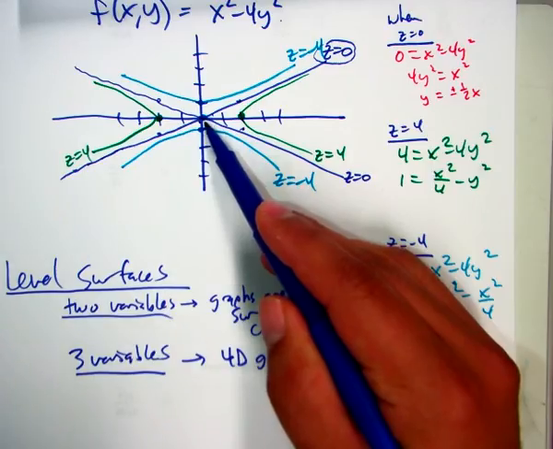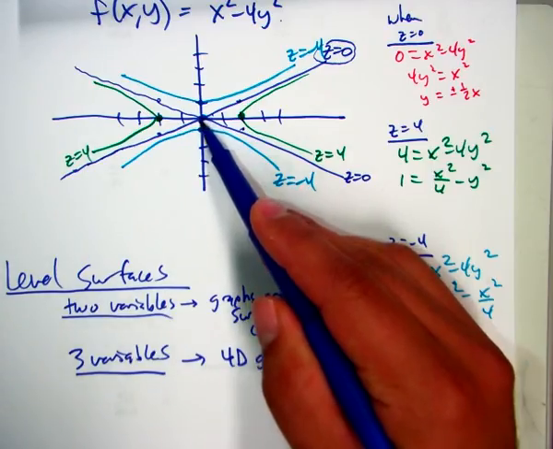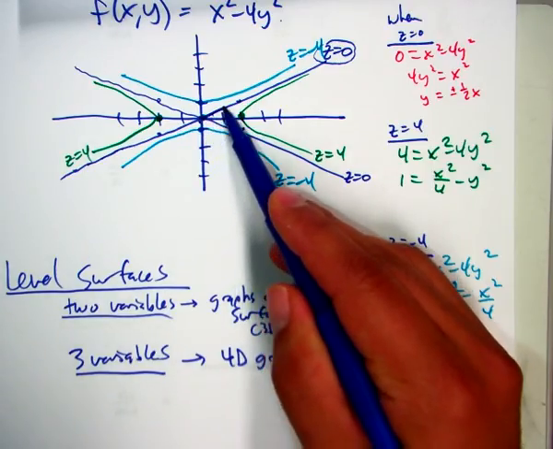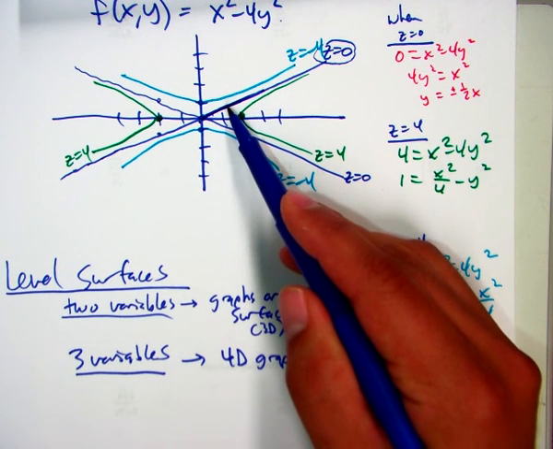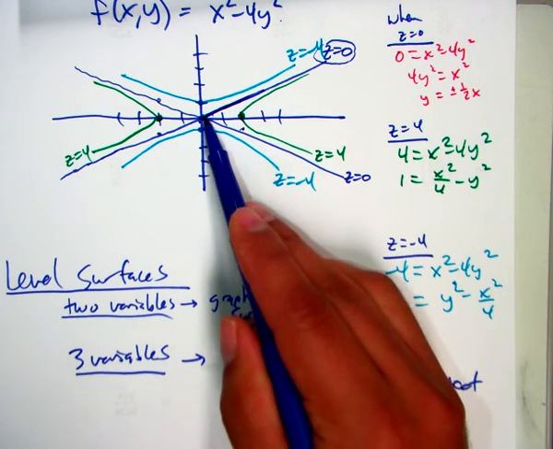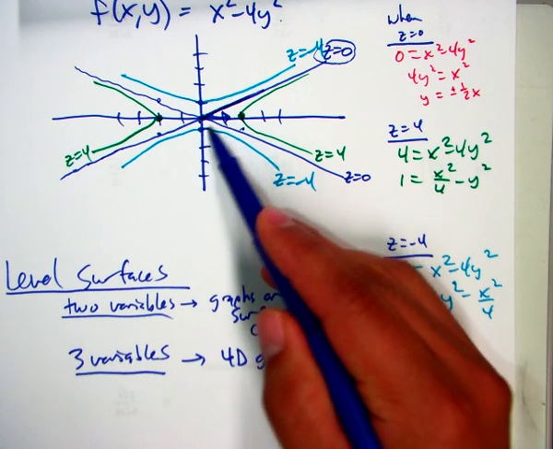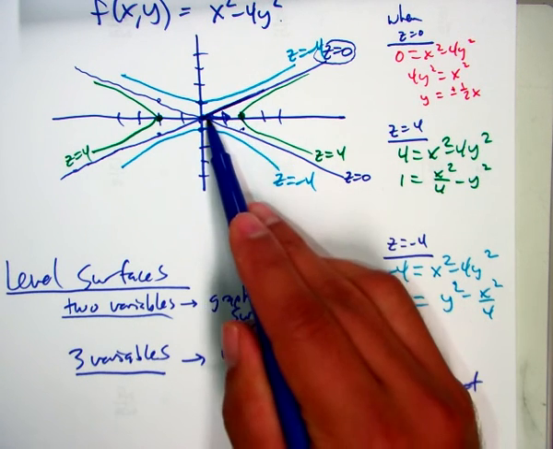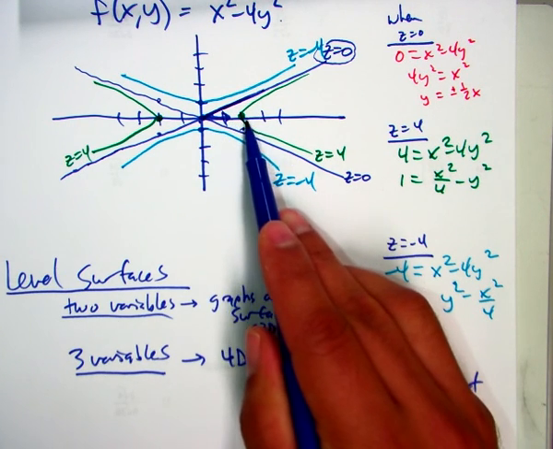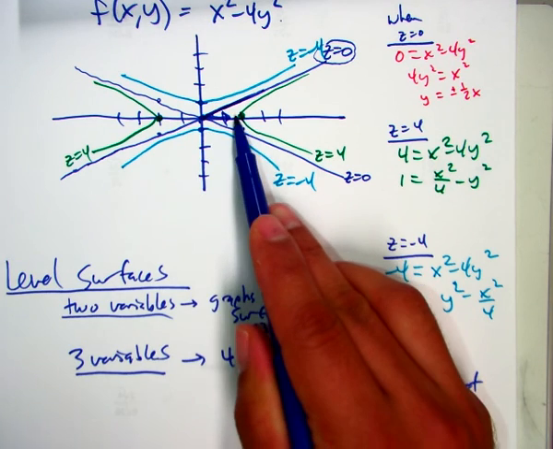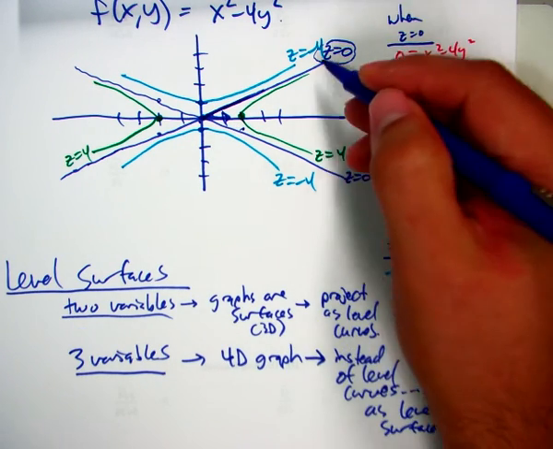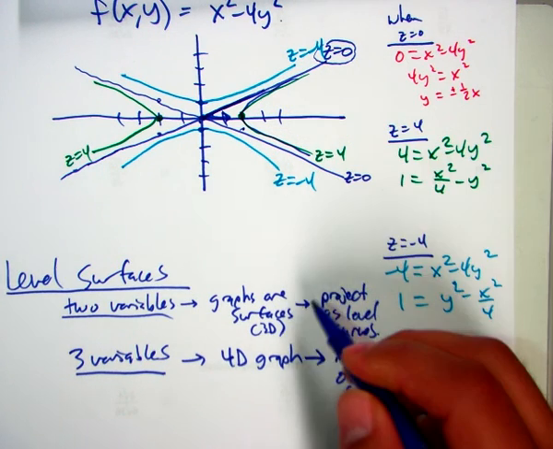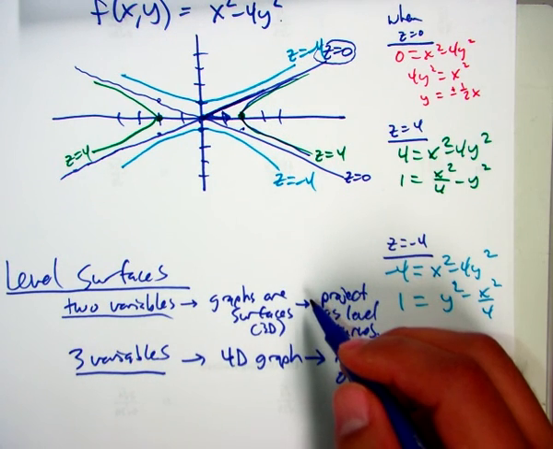So if I go along this line, then you're not going to really change your height at all. You're going to stay at 0 for the height, right? But now if we go this direction, even though I don't have every single level curve there, we get a feel that since we're going up to z equals 4, if I were to travel in that direction, I have to go up to get there. Because this green curve corresponds to z equals 4 as a height. Does that make sense? Okay.